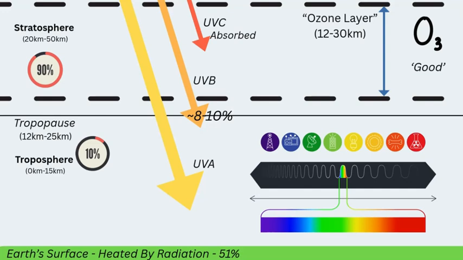And then we have the most gentle, the longer wavelength ultraviolet light, which is just before you reach the visible light and the violet or blue color in the visible light. About 95% of this nice UVA radiation is allowed through the stratosphere and through the ozone layer to interact with both the troposphere and the Earth's surface, both the oceans and the land.